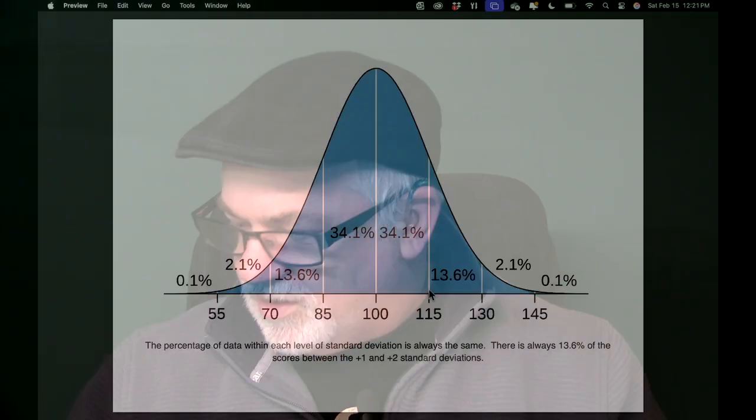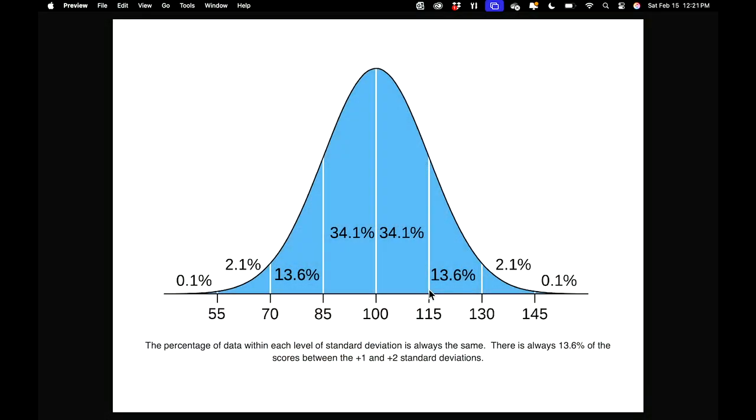But now we will see that those percentages represent the likelihood that your sample is going to fall there. So there is a 34.1% likelihood that your sample mean, just randomly, is going to fall between 100 and 115, or 1 standard deviation above the mean.